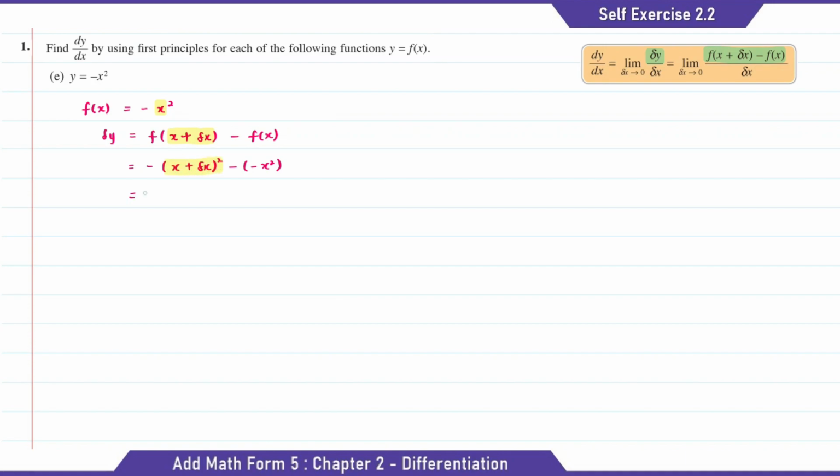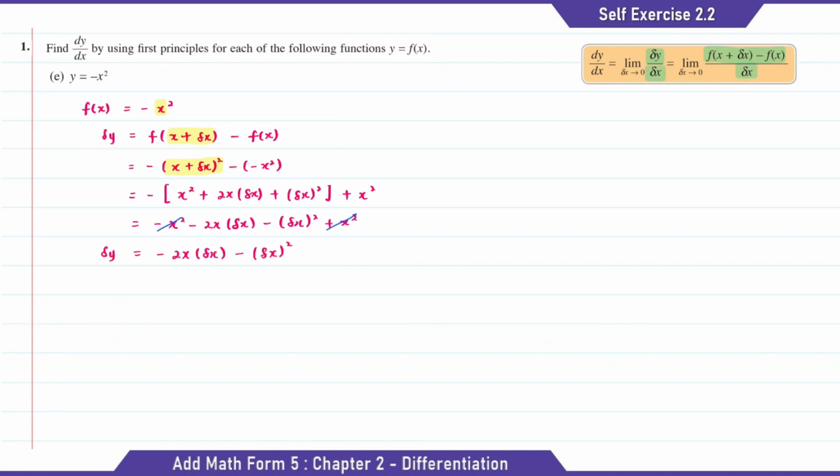Expand this: negative bracket x squared plus 2x delta x plus delta x squared, plus x squared. Get the terms out of the bracket, so negative x squared minus 2x delta x minus delta x squared plus x squared. So negative x squared plus x squared will be cancelled.